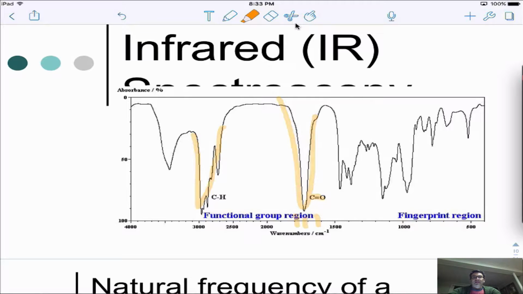This doesn't tell them everything about the molecule unless they had some idea of what it looked like, but this gives them an idea of what kind of bonds are present. Scientists will use this in conjunction with other techniques that you'll see, like NMR and mass spectroscopy.